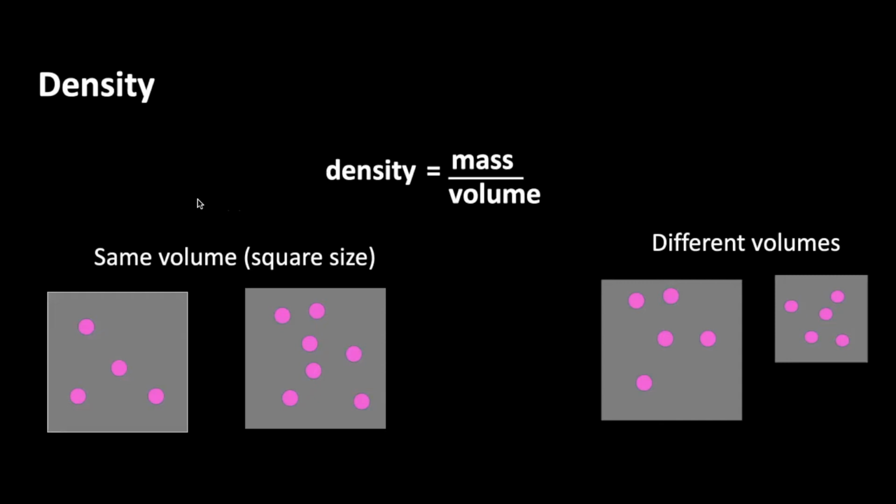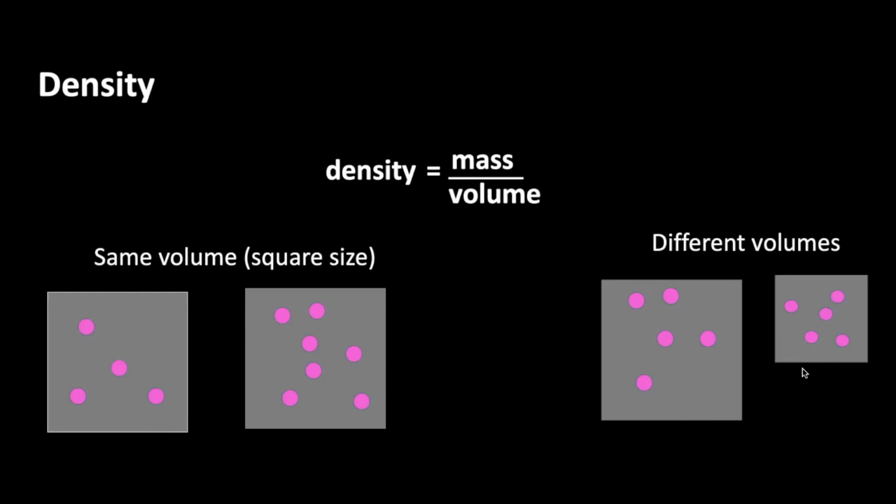Now let's look at particles or material within the square. So if we look at this in terms of density, if the squares are the same size, if you look at the images on the left, this square here is less dense than this square here because there's less particles inside.